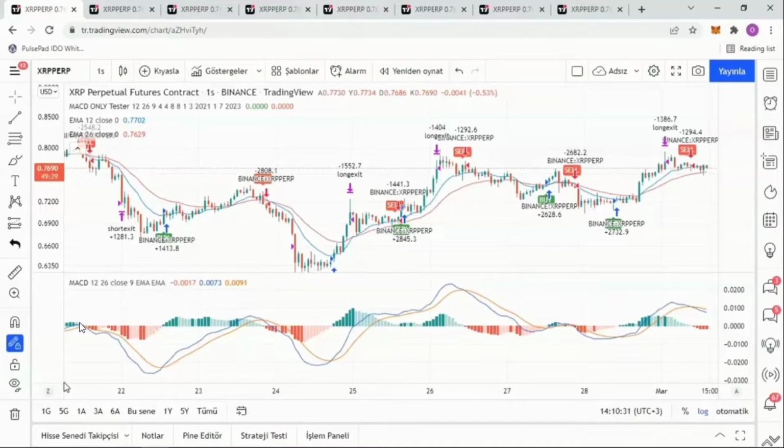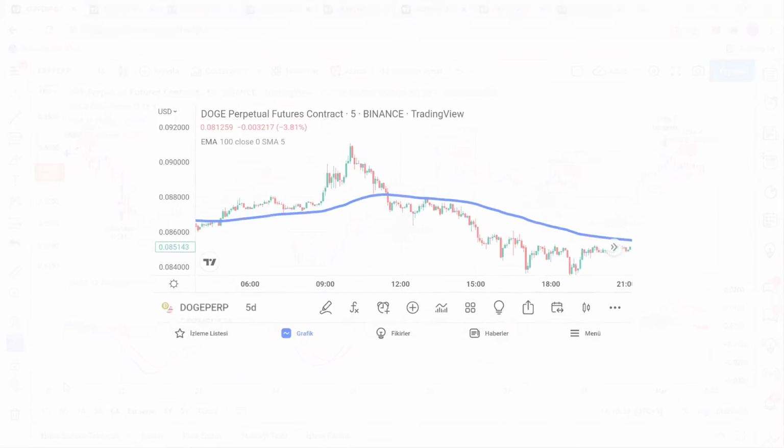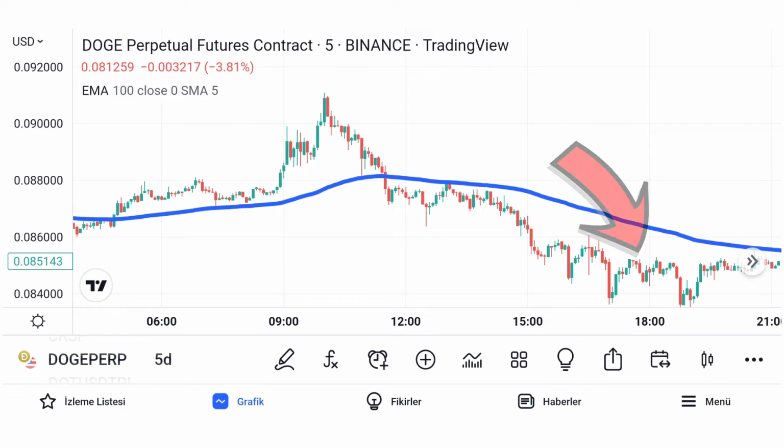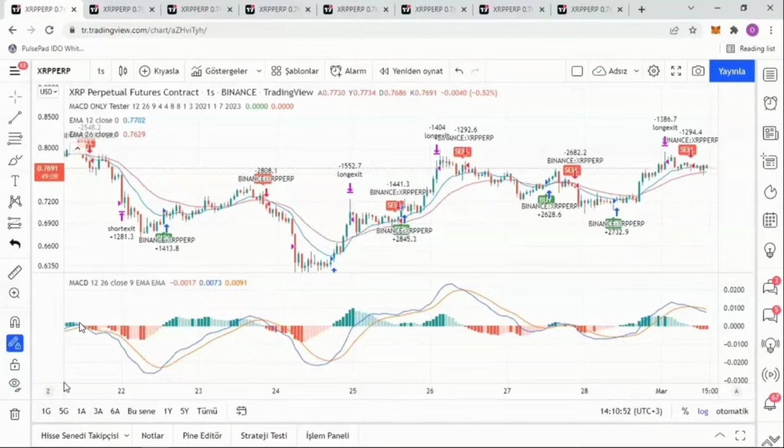As you know, moving averages are very important indicators for defining trend direction. If price is above the long-term or medium-term moving average, then we can say that there is an uptrend. And if the price is below the long-term or medium-term moving average, then we can say that there is a downtrend in the market. Meanwhile, crossover or cross-under conditions between the short-term moving average line and the long-term moving average line give us very important information about trend direction changes as well.